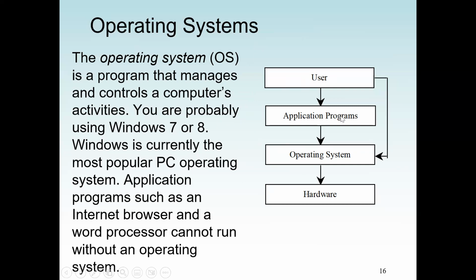Then the application software, such as Microsoft Word, web browsers, computer games, are all special software that perform a special task. A software that performs a specific task is called an application program.